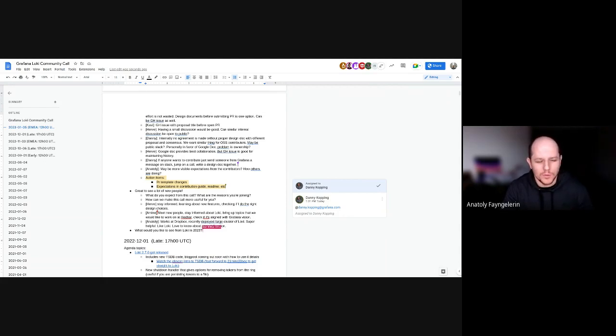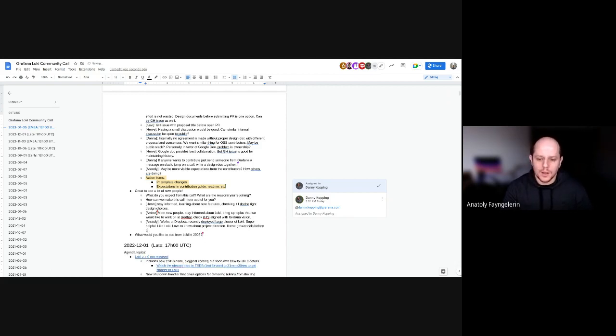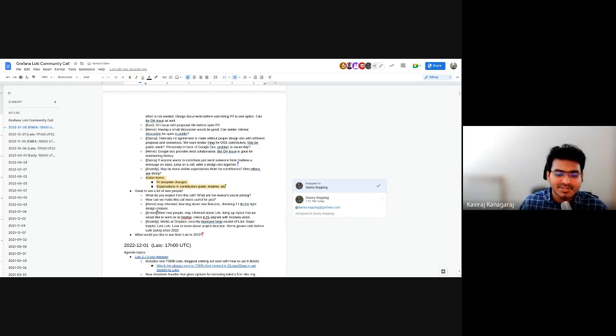What we had before at Dropbox was a hodgepodge of homegrown tools for log ops, and Loki replaced basically all of them. Does that answer your question? Yeah, definitely. Thanks.